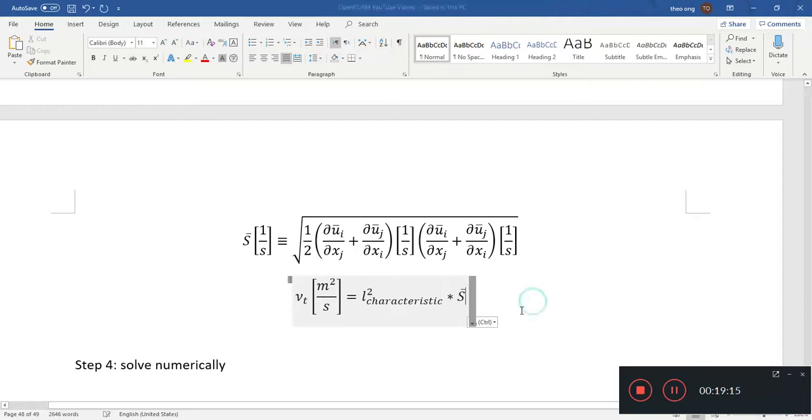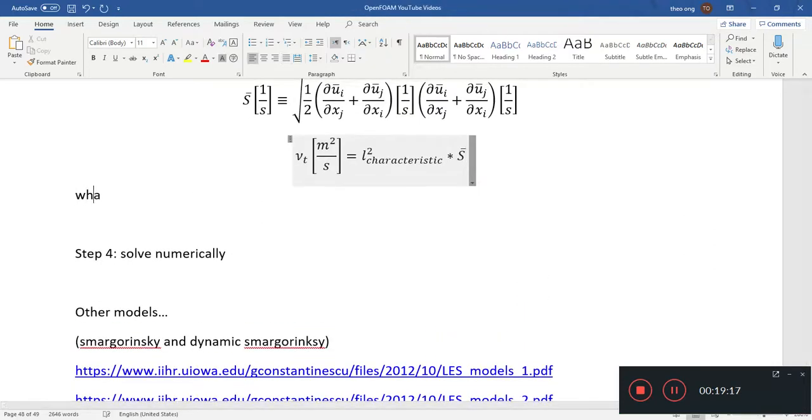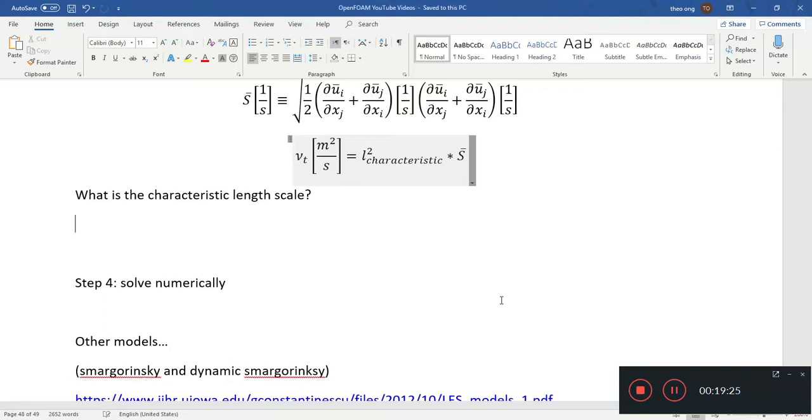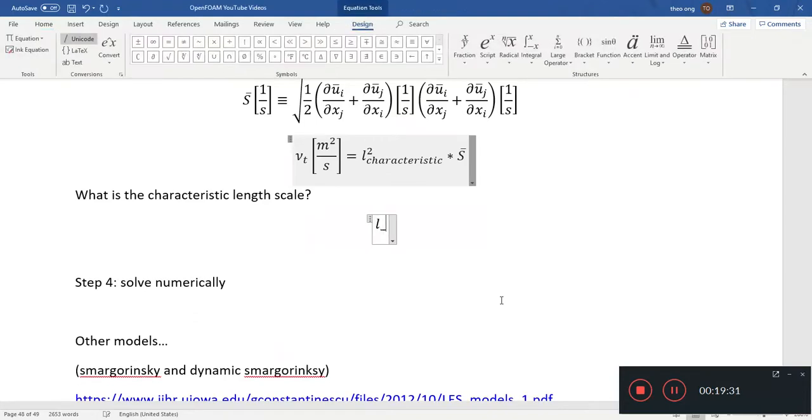And what is the characteristic length scale for this turbulent viscosity in the subgrid scale? What he did was just this: the characteristic length scale equals delta, because delta is definitely a length scale that we are interested in.